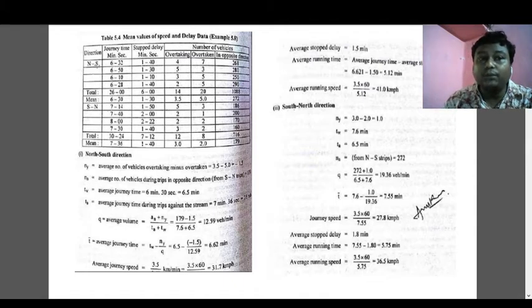So whenever we are calculating for the north south direction, the Na value will not be 272.